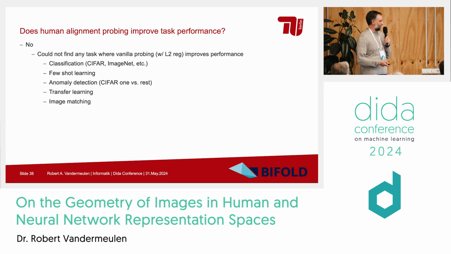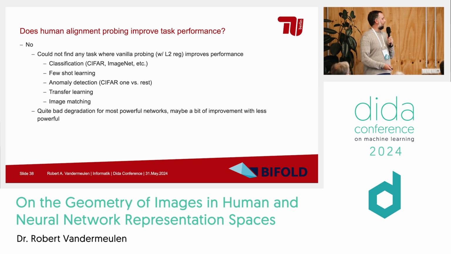You don't want to report uninteresting things. We tried classification, few-shot learning, anomaly detection, and other things. Actually, the degradation in performance is quite bad for the most powerful networks. Although we did see a bit of improvement for networks that didn't do very well. Sometimes you got a bump in performance. But it's not very interesting to report that we're able to get badly performing networks to perform slightly better.